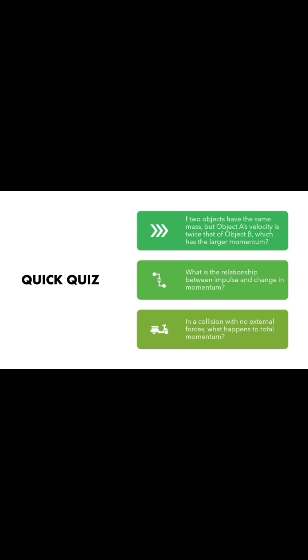Let's repeat again. The answers in the quiz: number 1 is object A. Number 2, impulse equals the change in momentum, delta P. Question number 3 is stays constant, is conserved.